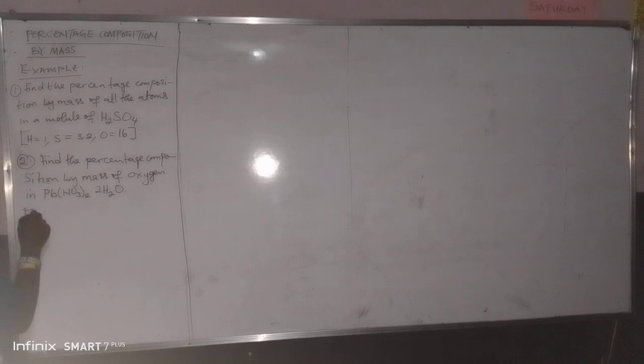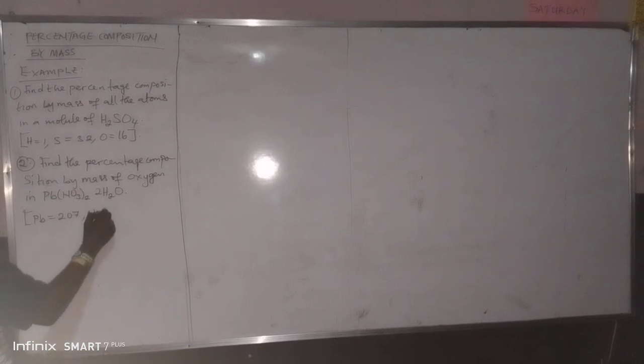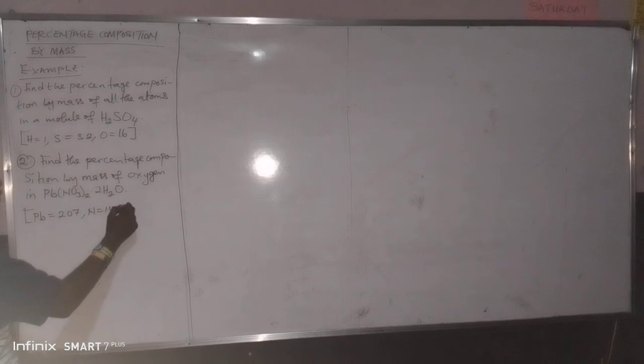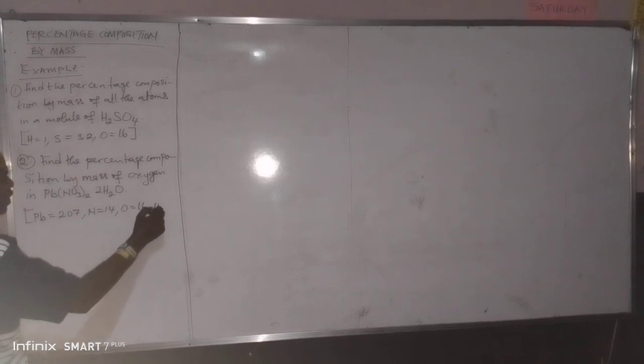At the end of the day, they give you Pb equals to 207, N equals to 14, O equals to 16, H equals to 1. You are given something like this.